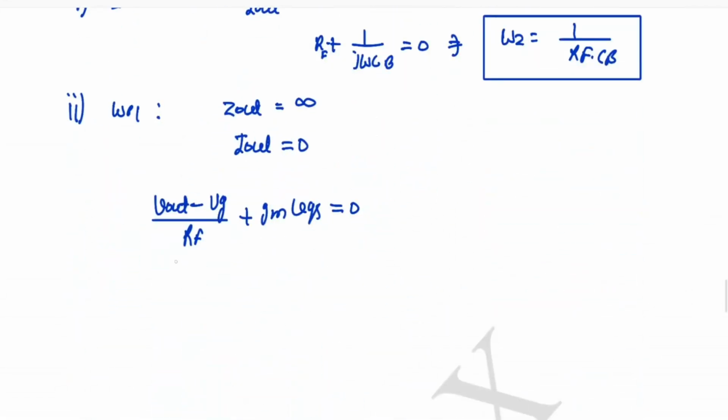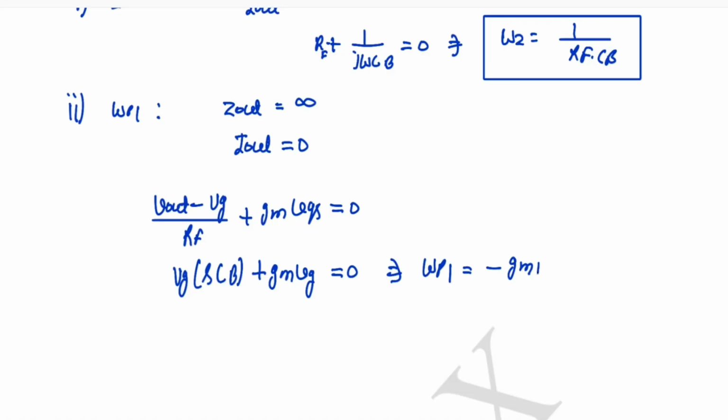So I can also write this as Vg into S into Cb plus Gm Vgs equal to 0. Source voltage is 0, so that will be only Vg. Here we get omega P1 equal to minus Gm1 by Cb. So this is our first pole location.